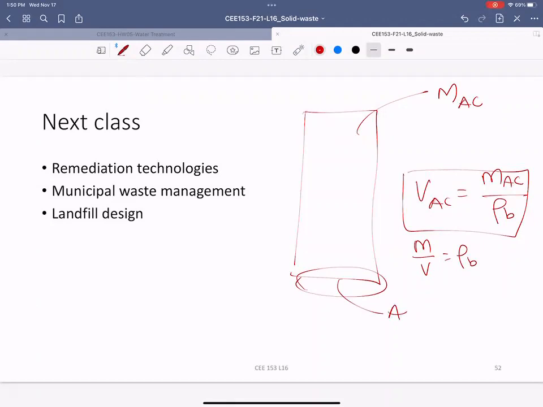If you divide the volume of activated carbon by the area, you'll get the height. So you already know those numbers, so you can get the answers.